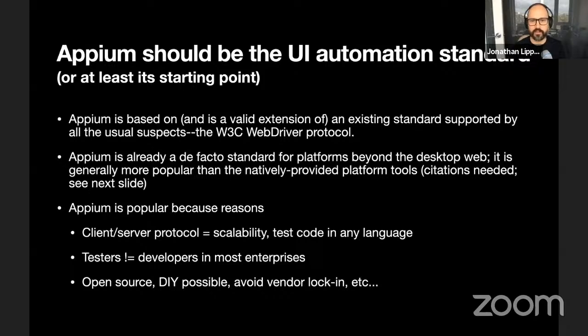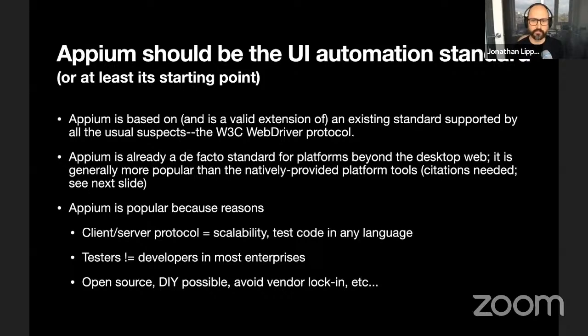The other reason is that because Appium is pretty popular, it's already kind of a de facto standard. There's not another tool which is cross-platform, which is open source, and all of these things that Appium is, that are anywhere near as popular as Appium.